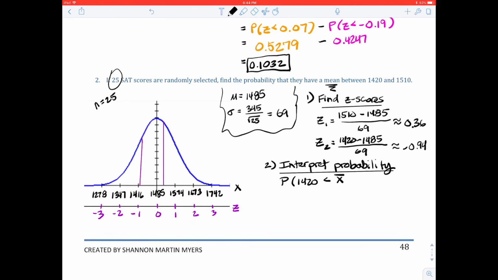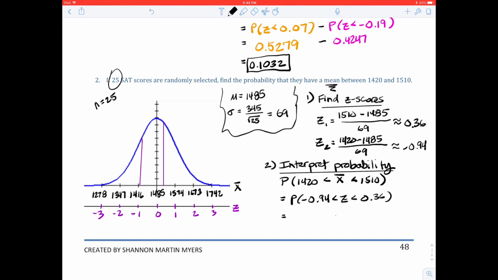They have a mean between, so it's like an x bar, which is less than 1510. The probability in terms of z would be the lower one, negative 0.94, less than z, less than 0.36.